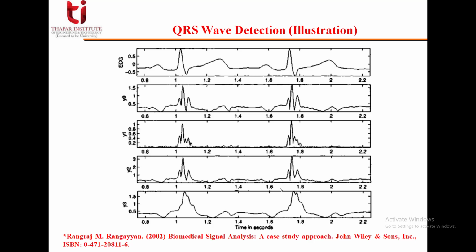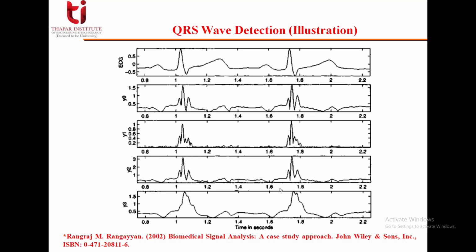The signal is then normalized by dividing by its maximum value. That's why you can see the range is within -1 to 1. Now the next operation: after filtering, when we get the ECG signal, we pass it to a derivative.